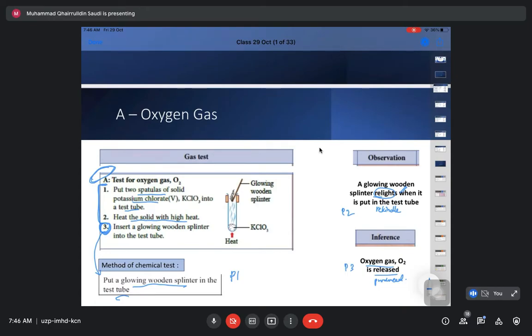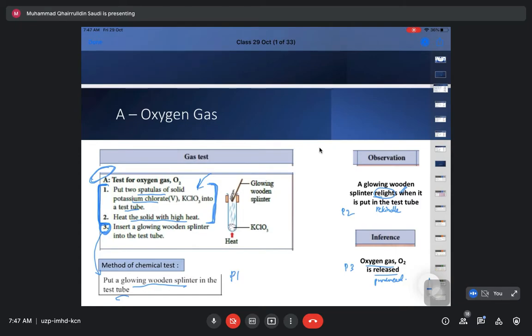So I'm not going to go through this procedure, because this is just how we produce oxygen gas. Yang ni tak faham sangat pun tak apa. Just know that if we have oxygen gas and you want to test for oxygen gas, the method will be insert a glowing wooden splinter into the test tube, and the observation will be the glowing wooden splinter will rekindle and it shows that oxygen gas is produced.